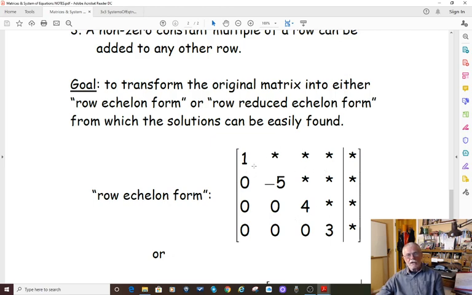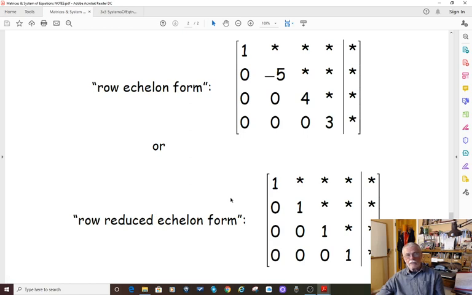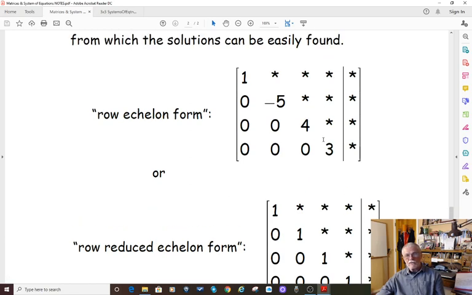Notice you got 1 in the upper left-hand corner. You got numbers on the main diagonal. You got zeros here. And who knows what here. These are going to be any old numbers. Okay? That's the idea.